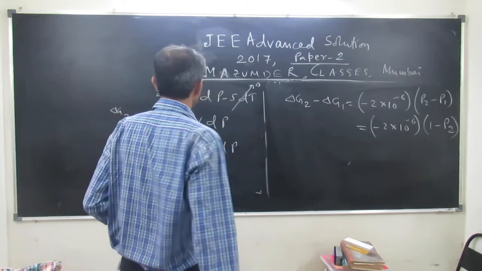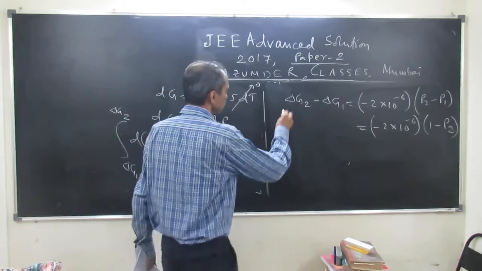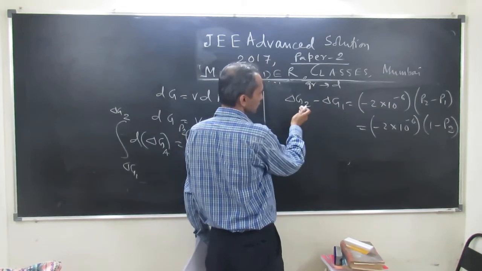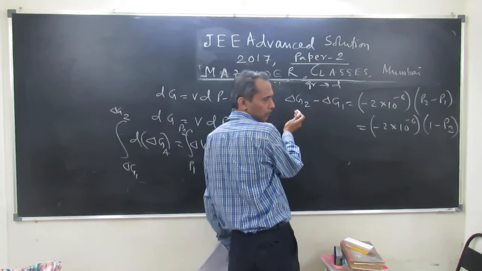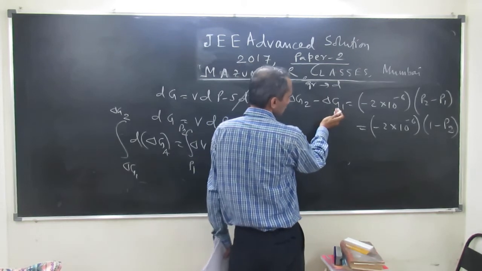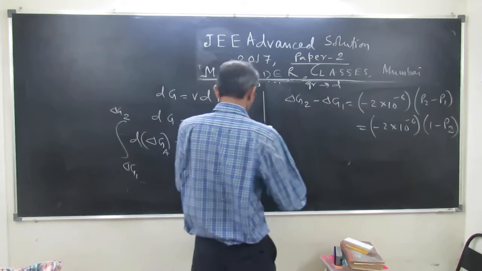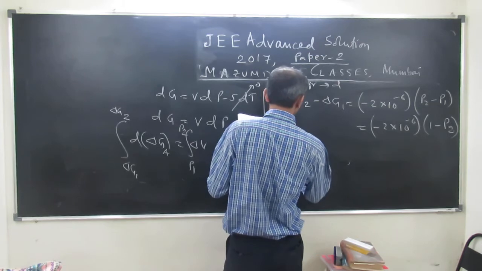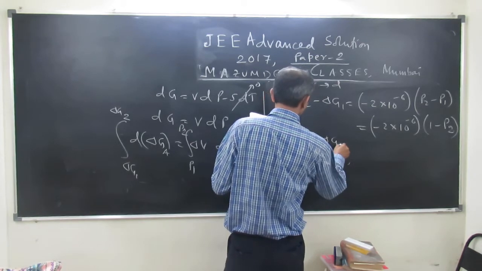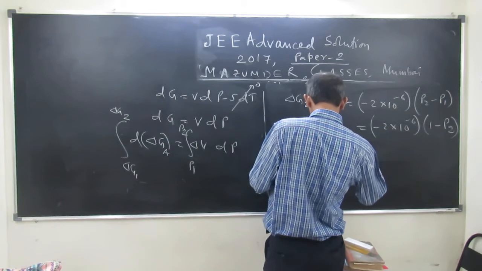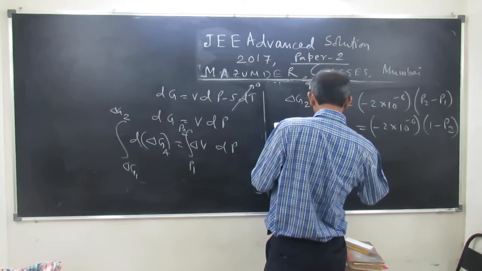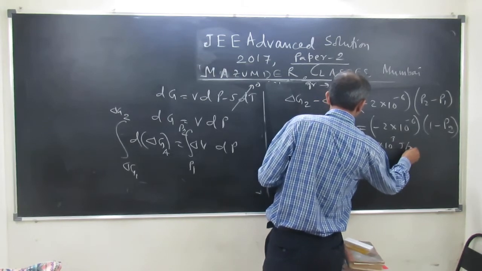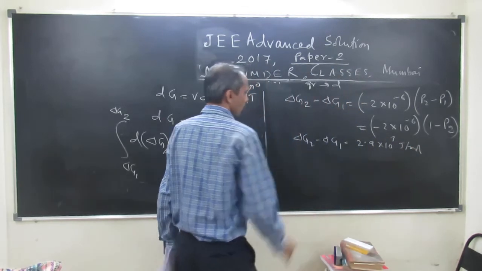This is the change from graphite to diamond, so it is the free energy change for graphite to diamond under the given standard conditions. That is given as 2.9 into 10 cube joule per mole, so delta G2 minus delta G1 is 2.9 into 10 cube joule per mole.